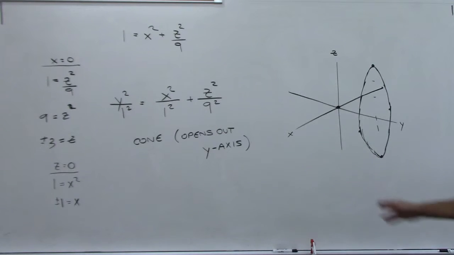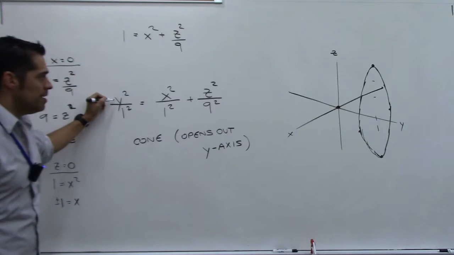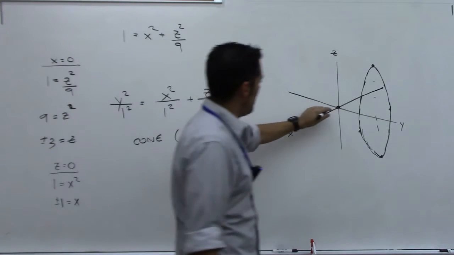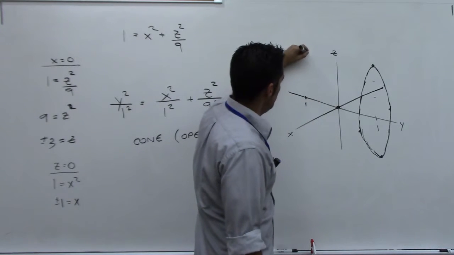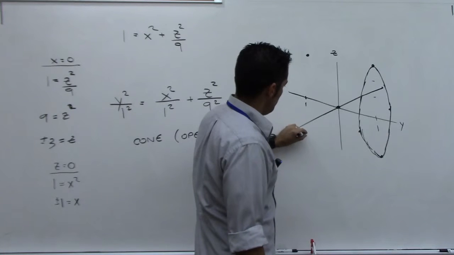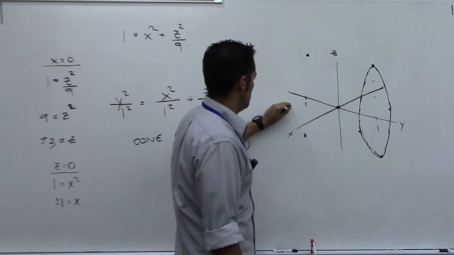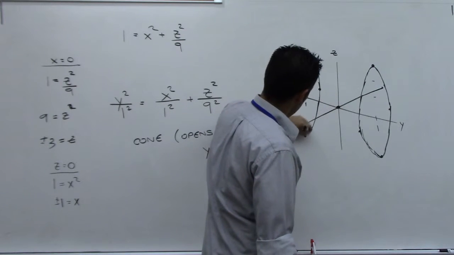Now if I do the opposite side, and I would have done y is -1, the whole thing would have been exactly the same. So if I would have come out -1 on y, then I would have gone up 3, would have gone down 3, would have gone left 1, right 1, and then I would have drawn my ellipse over here like this.